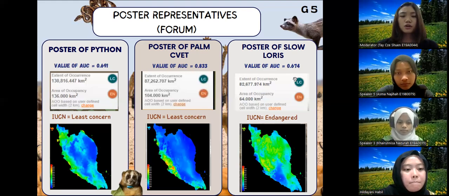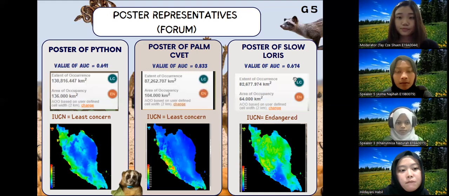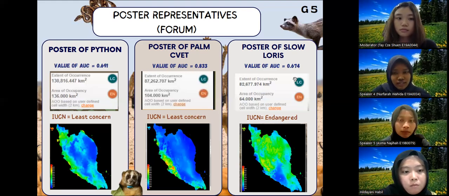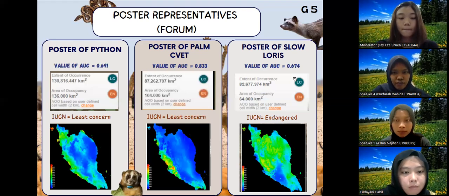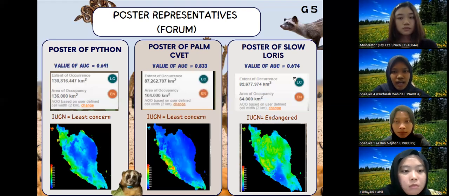All right, so for the map of python, why are there a lot of red areas at Pulau Langkawi? Okay, for the map of Malayopython reticulatus, the area in Langkawi is almost fully covered in red color gradients. This indicates that the red color gradients mean the region has a higher abundance of python species present there.